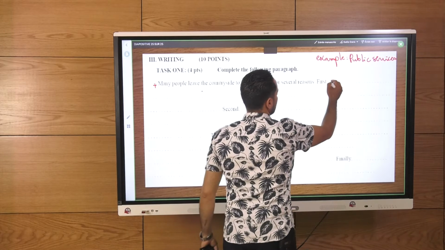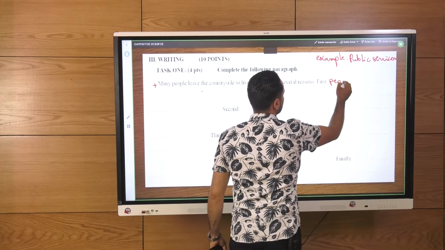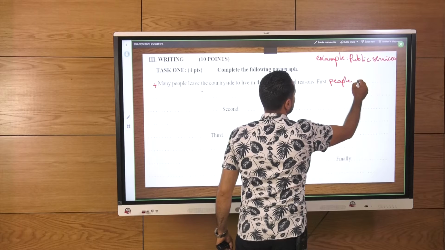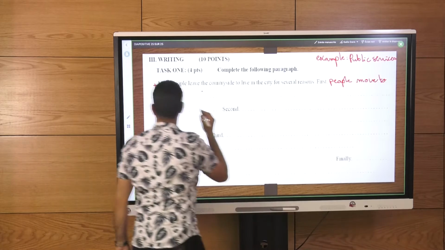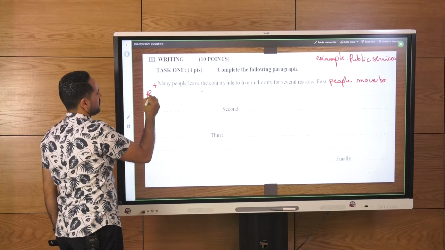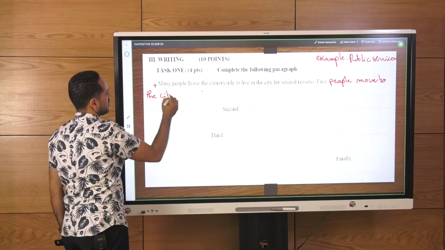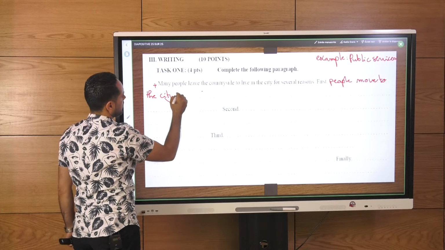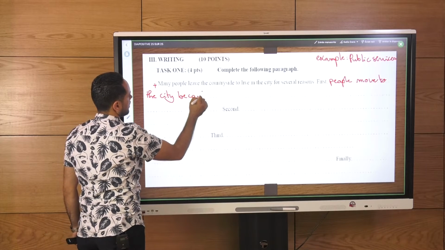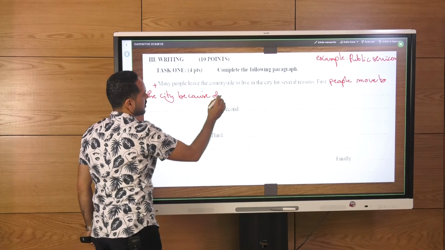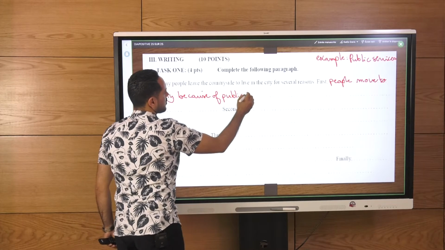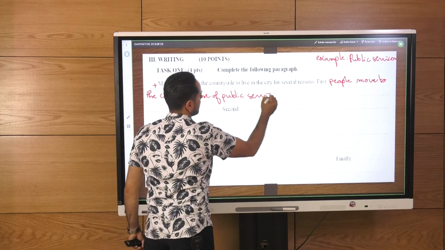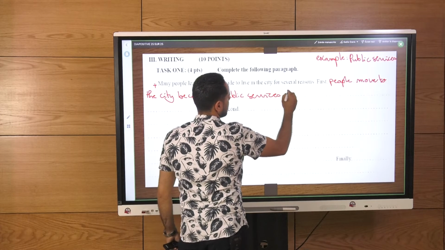First, people move to the city because of public services.